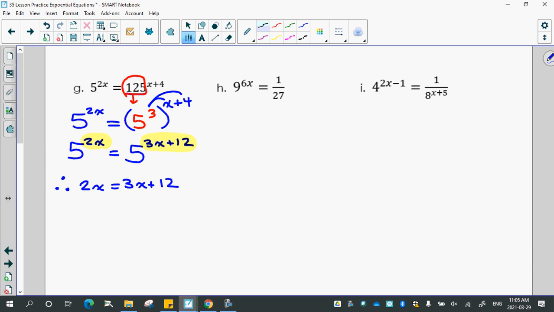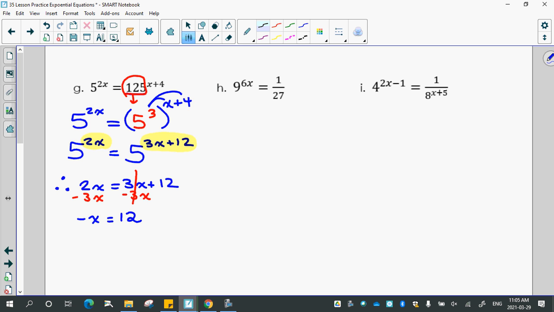So now to get x by itself, I have to get all the x's together on one side. So I can subtract 3x on both sides, which would give me negative 1x, or negative x, equals 12.